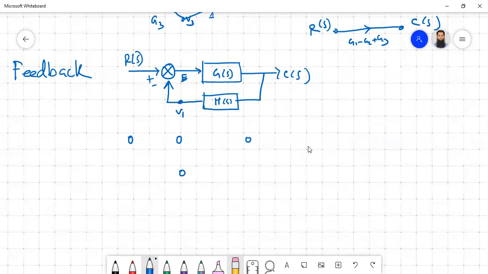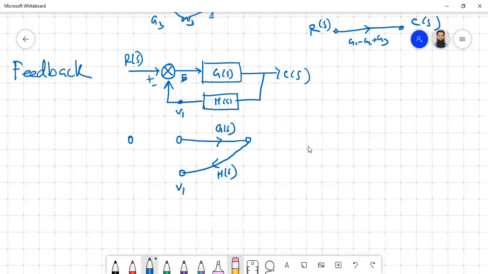C of S goes through G of S, and then from C to V1 we can easily say that this one is going as H of S. And the summing junction, as we said, we can represent by a gain of 1 based on the sign. If the sign is plus, then 1. If the sign is minus, then maybe minus 1.